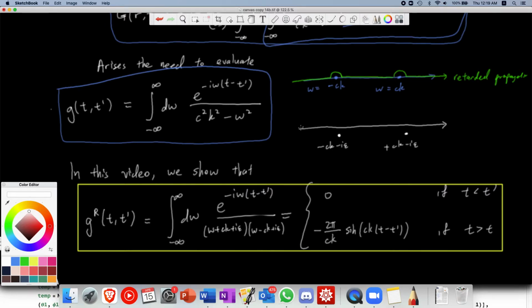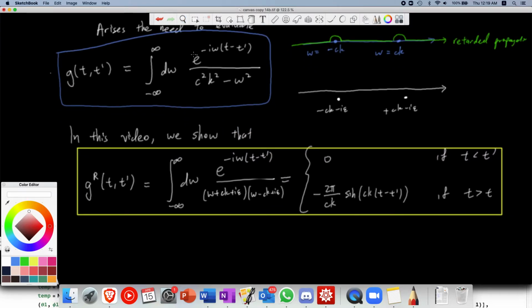So by making a choice of a contour, we are assigning a meaningful value to this integral, and the choice of the contour we choose is the retarded contour. Essentially our whole problem reduces to calculating this particular integral from minus infinity to infinity of this integrand.